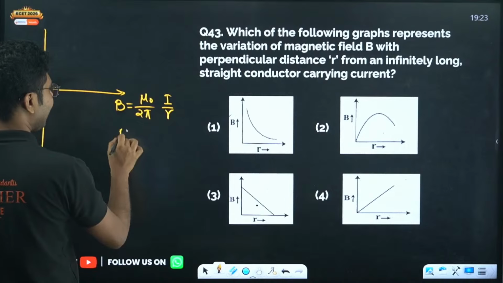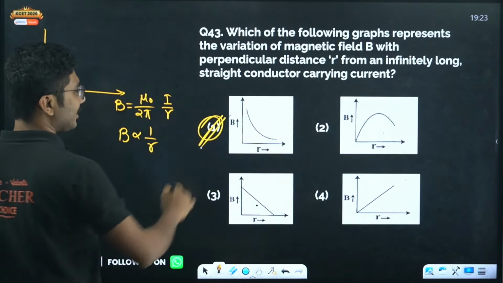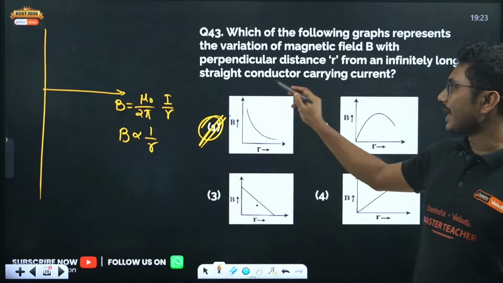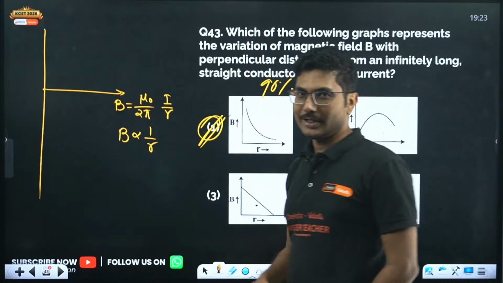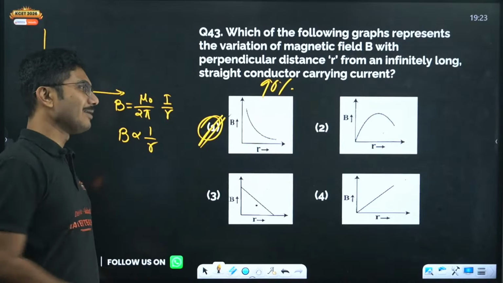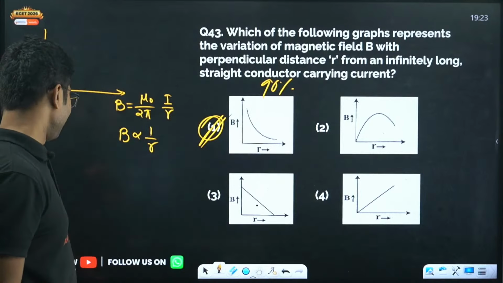So the magnetic field is proportional to 1 by r, so the correct pattern is 1. As I mentioned, there is a 90% chance this pattern will be correct, according to the previous history of KCET.